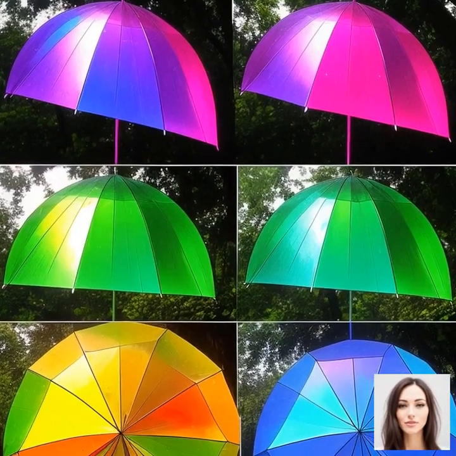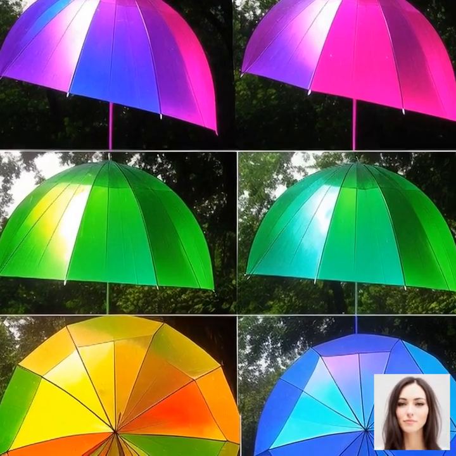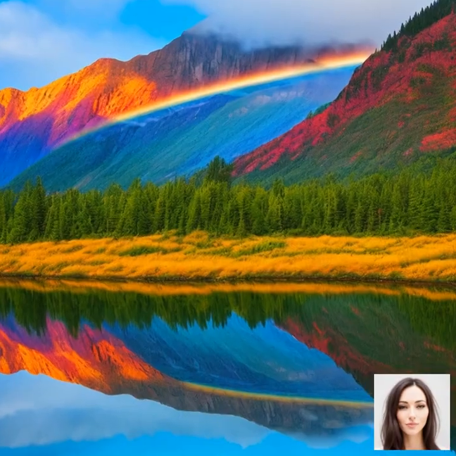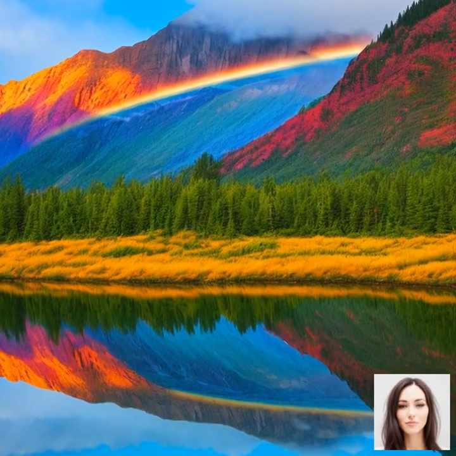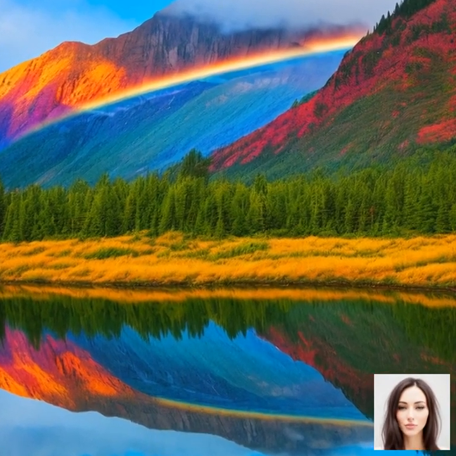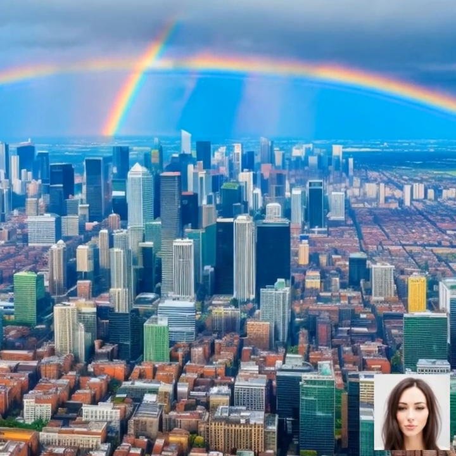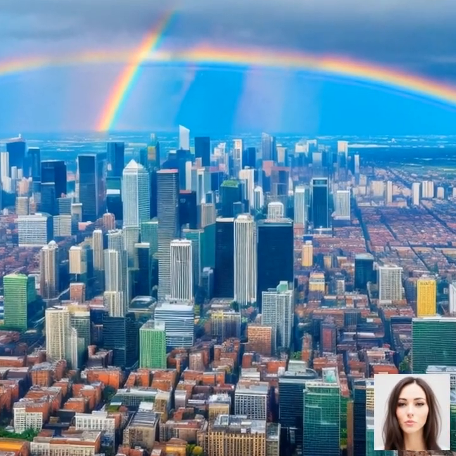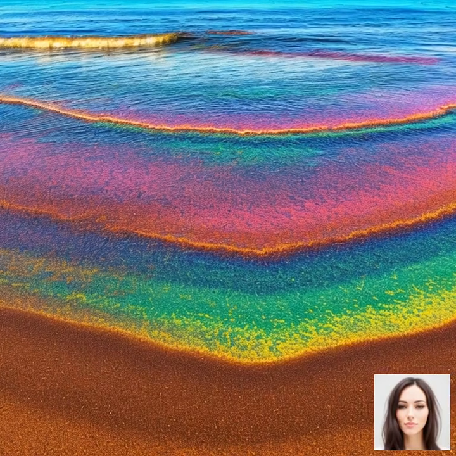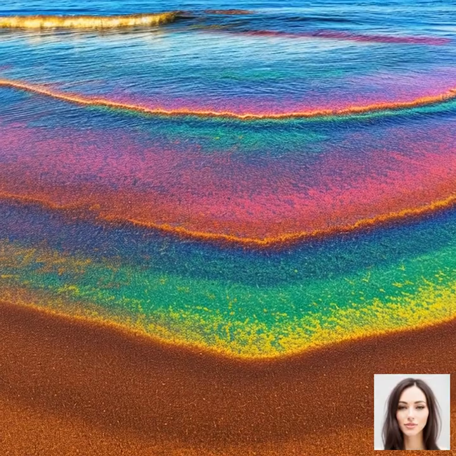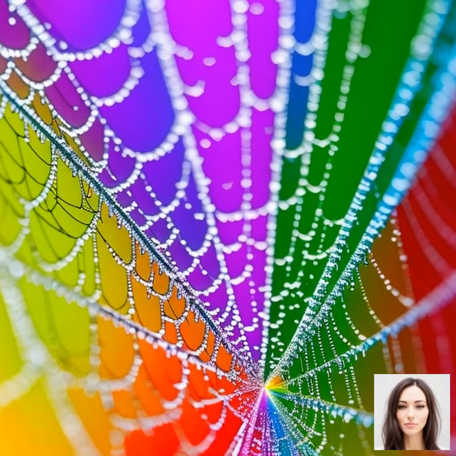When the light exits the droplet, it bends once more and speeds up, continuing on its way through the atmosphere. The circular arc of a rainbow is formed because each raindrop disperses and reflects the sunlight at a specific angle. This angle, known as the critical angle, varies for each color within the spectrum.